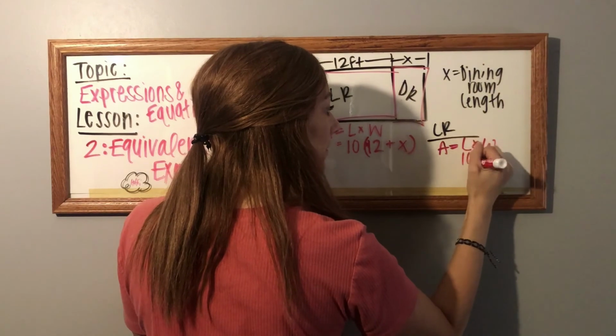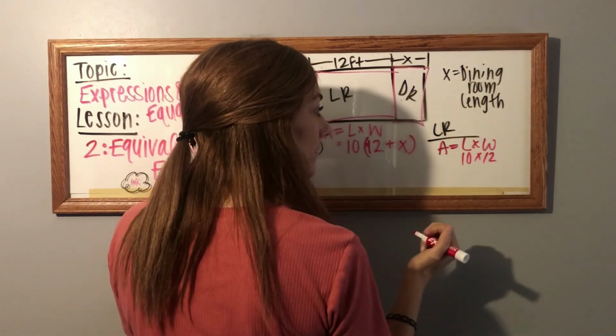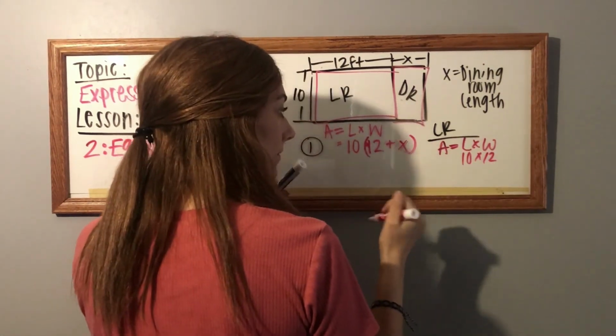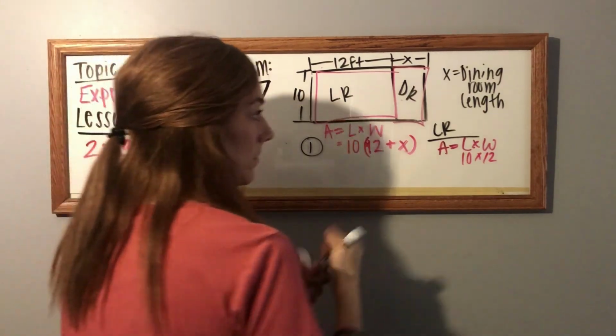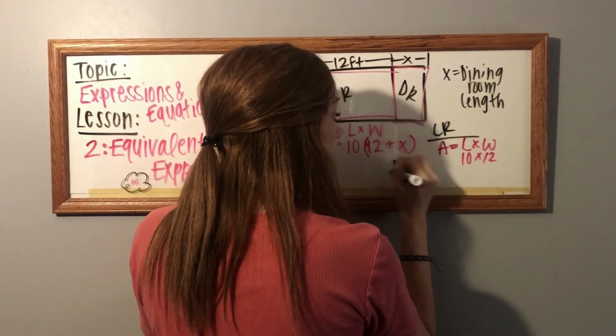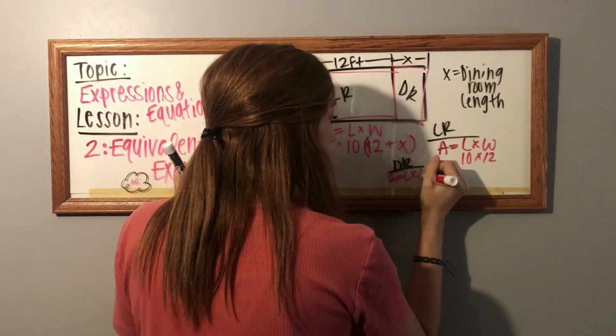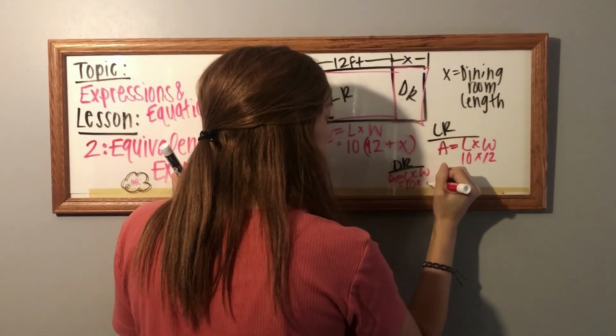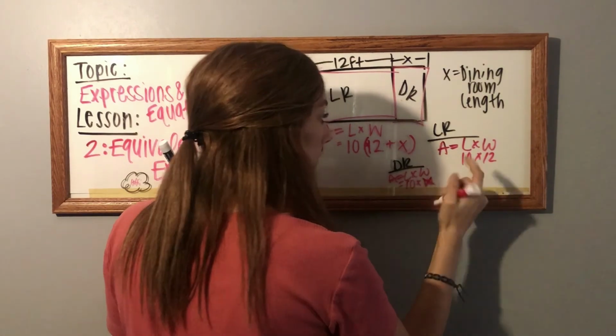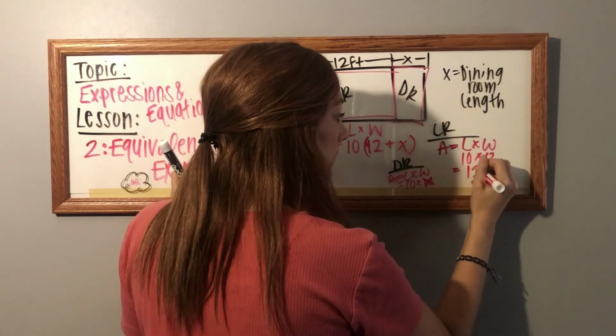For the dining room, it's the same thing: length times width. My length is 10, my width is unknown, so it's an x. So I've got 10 times 12, which is the area of the first room, plus 10 times x, which is the area of the second room.